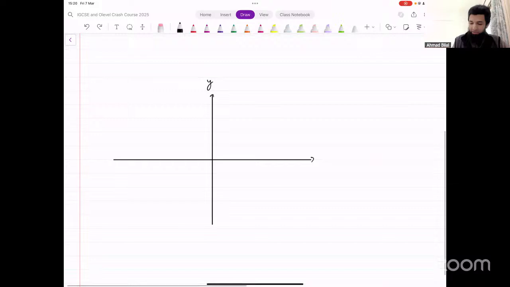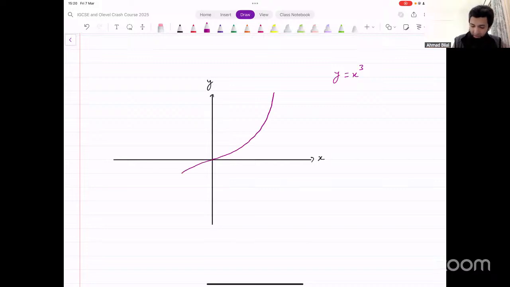And let's suppose I have this curve, y equals x cubed. This curve actually has a graph that looks like this. It goes like this on the right side, and on the left side, it goes like this. This is a curve that I have, y equals x cubed.